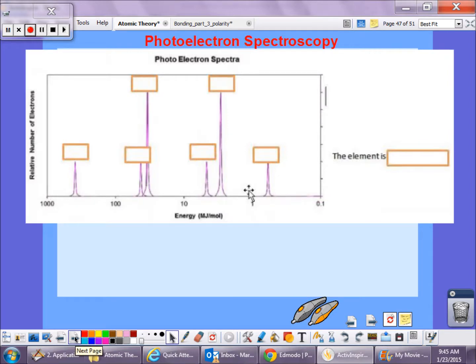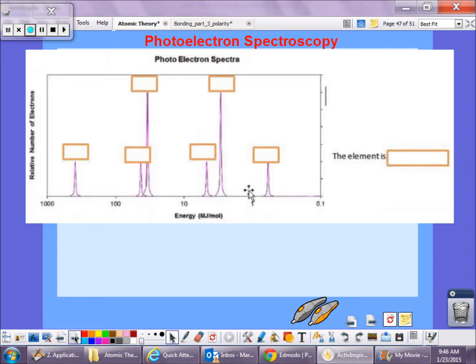Now, what happened with photoelectron spectroscopy? You have an activity. It is when you use X-ray photons, meaning with large enough energy to knock out electrons from the atom. You use that high energy photon to remove electrons, not only the valence electrons, but even the most tightly held electrons from the atom.